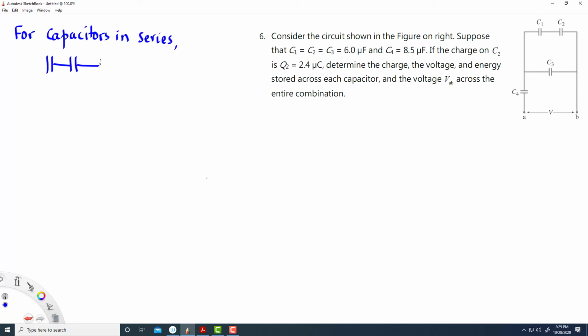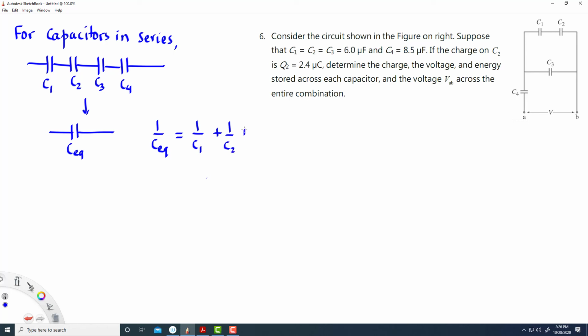So we have a bunch of capacitors in series, C1, C2, C3, C4. If I want to replace these capacitors by a single capacitor, then I use this formula, 1 over C1 plus 1 over C2 plus 1 over C3 and so on. Okay.